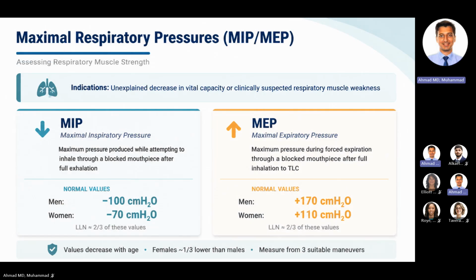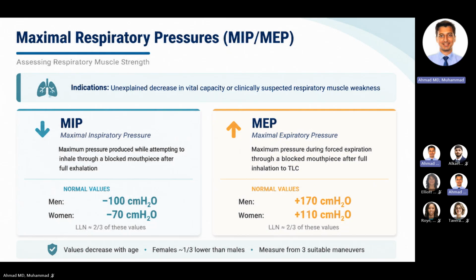Maximum inspiratory pressure can explain an unexplained decrease in somebody's vital capacity. And this is used if you suspect respiratory muscle weakness. It is the maximum pressure produced while attempting to inhale through a blocked mouthpiece after full exhalation.